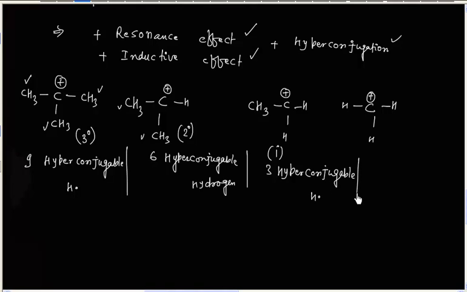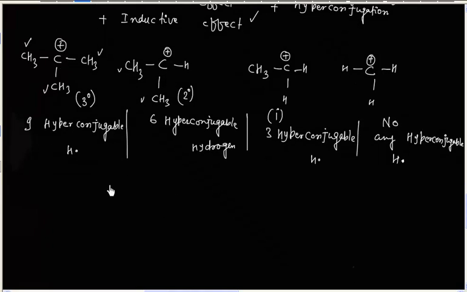Now in this case we have no hyperconjugable hydrogen. So more the hyperconjugable hydrogen, more the stability. So we can say 3 degree carbocation is more stable than 2 degree, and this is more than 1 degree, and this is more stable than methyl carbocation. So this is increasing order of stability.